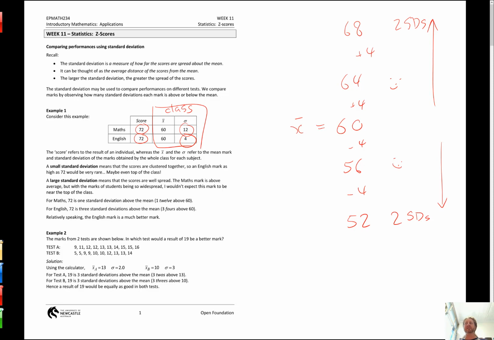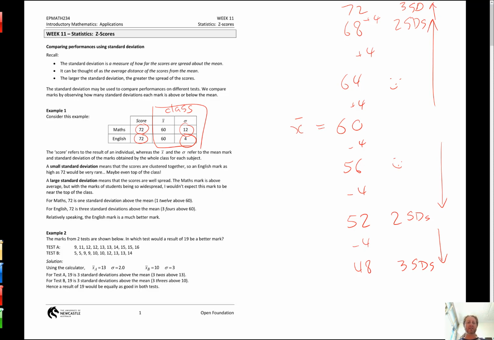Imagine how rare it is. Well, we'll look at the proper number soon, but to get 3 standard deviations away from the mean, so to get 48 is getting really, really unusual. That's a long way under the mean. And to go up another 4, 72, that's 3 standard deviations away from the mean. Again, that's getting really unusual.